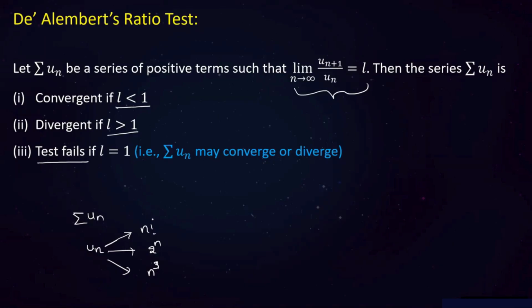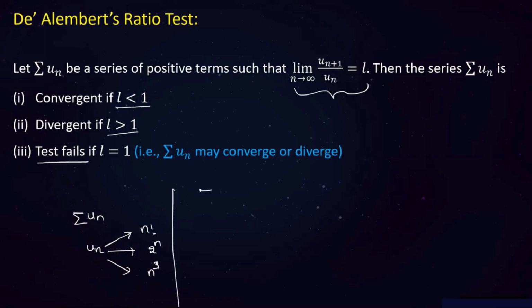I cannot say that when you have these functions you will definitely get either convergent or divergent. But the ratio test is applicable when your nth term involves these kinds of functions. These are not the only functions. You can use the ratio test in other cases also. Preliminarily, when you have these kinds of functions, you can identify that the problem can probably be solved by the ratio test. So this is one simple idea.